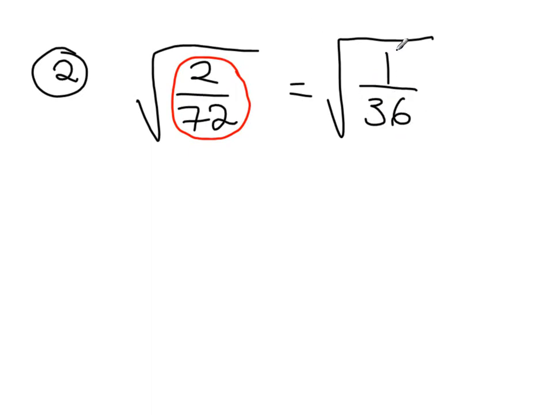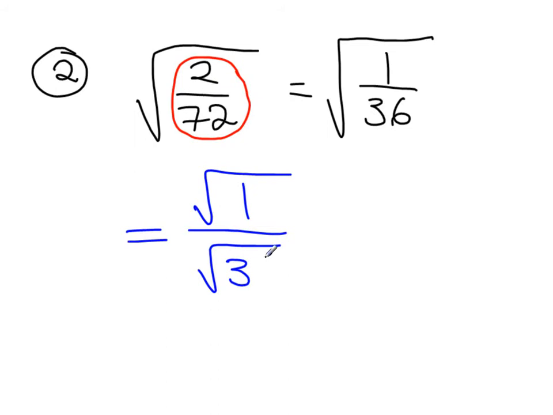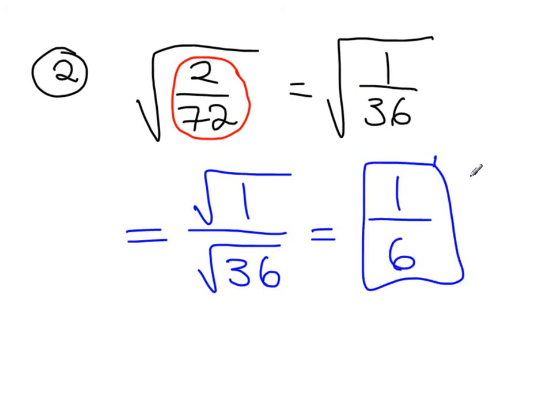In fact, 1 is a perfect square as well. So this motivates me to break apart the radical into 2 pieces. I say break apart because you're going to view it as the square root of the numerator over the square root of the denominator, because it's all under one radical. So using the rule, the square root of 1 is just 1. The square root of 36 is 6. No radicals in sight, and now we're happy.